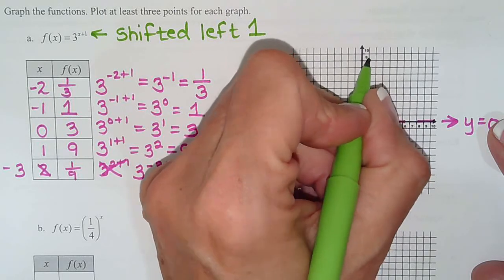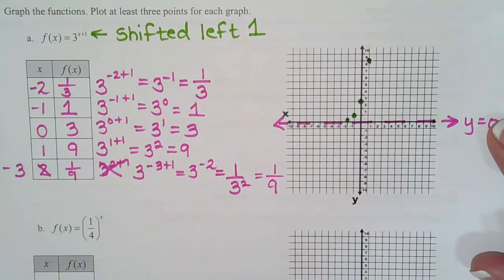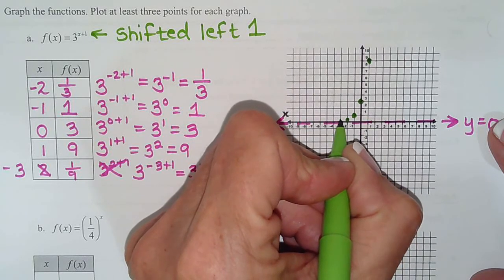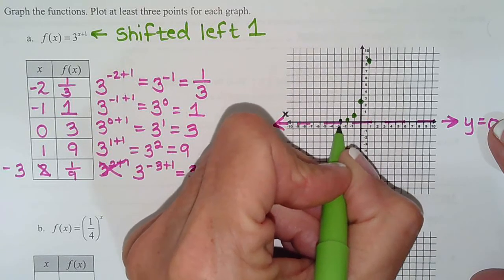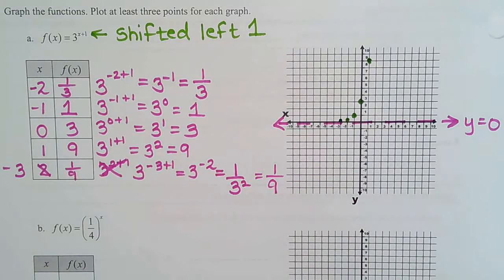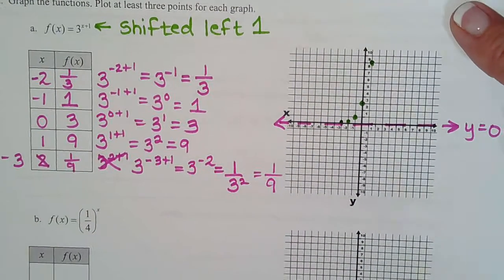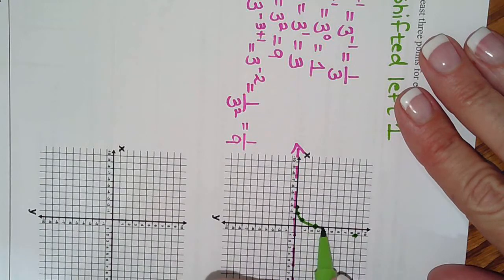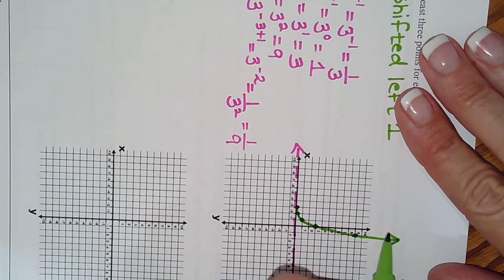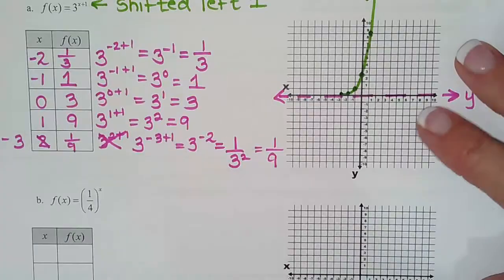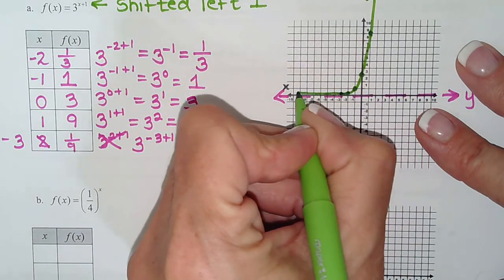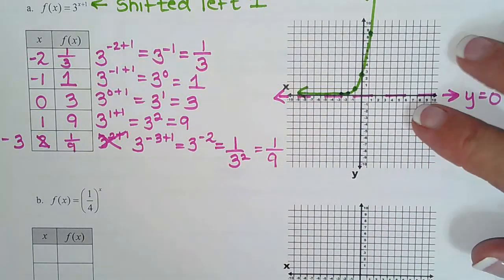These are kind of numbered weird. And then we had -3, 1/9, which is even closer to 0, but still I'm just barely on top of that pink line. So then when we go to draw it, I do it in two things. I draw this way, put arrows to show that it goes on forever. Then I turn it back around and do this and just skim right along the top of that pink asymptote without touching or crossing it.